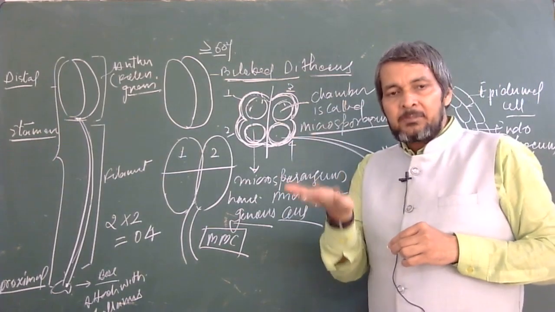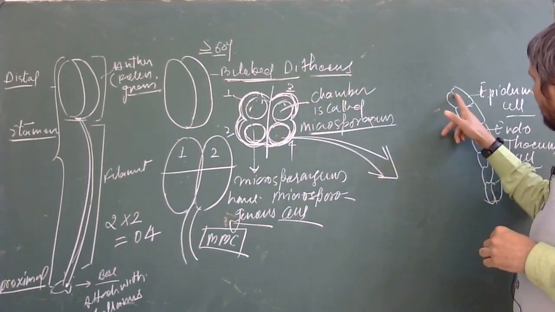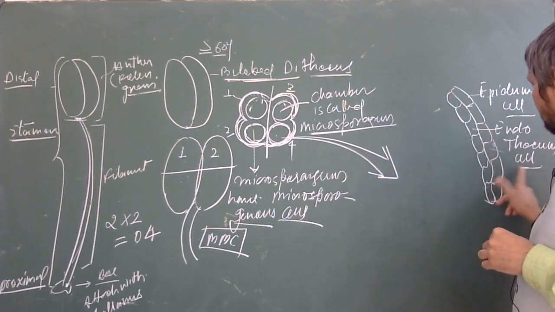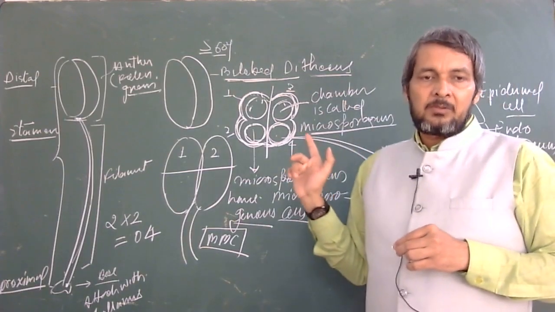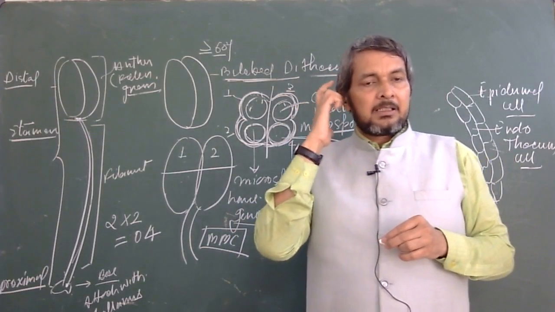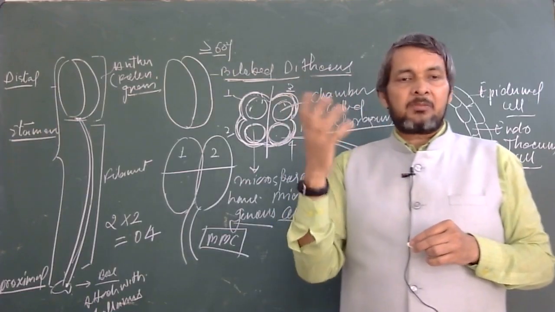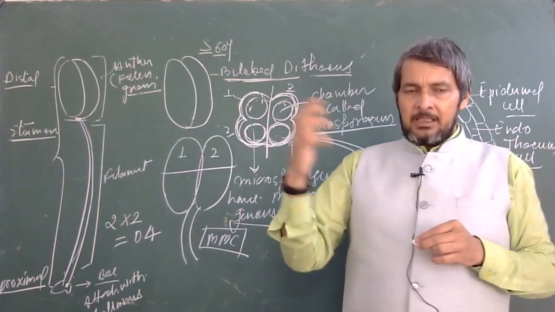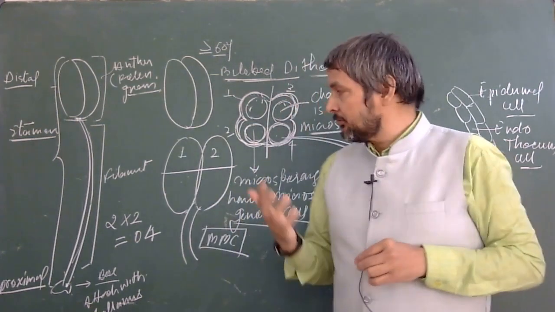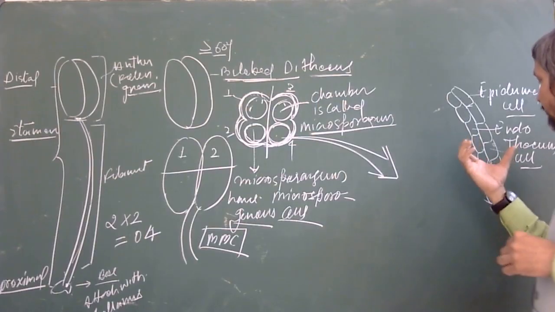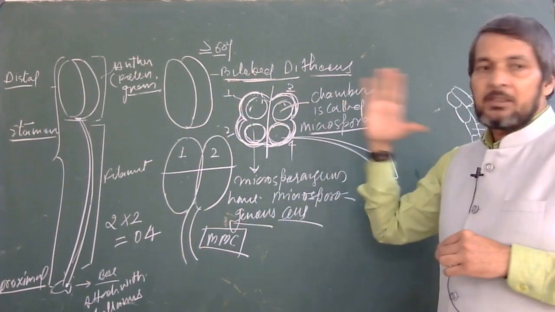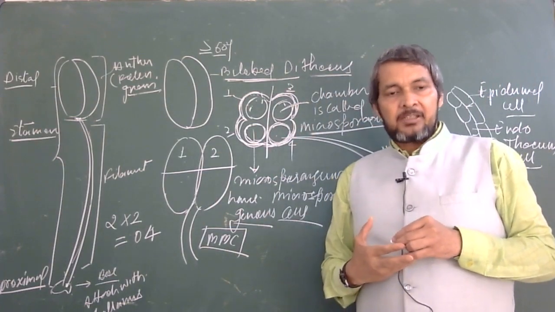And just below the epidermal layer, a single layer of endothecial cells forms the structure of the microsporangium. These endothecial cells are very important. They are involved in the dehiscence, the bursting of the microsporangium, you can say the bursting of the anther. Once the endothecium ruptures, the pollen sac also ruptures and pollen grains are released outside for pollination.